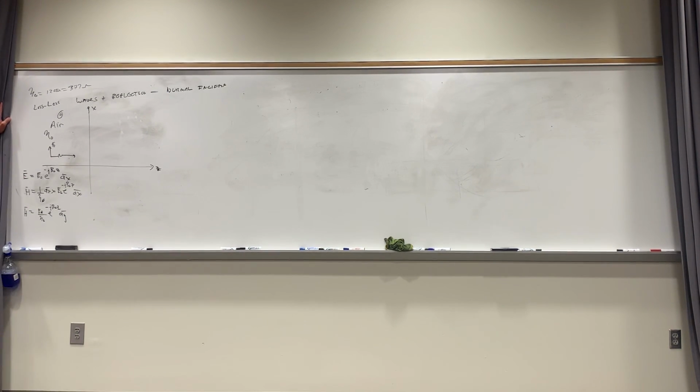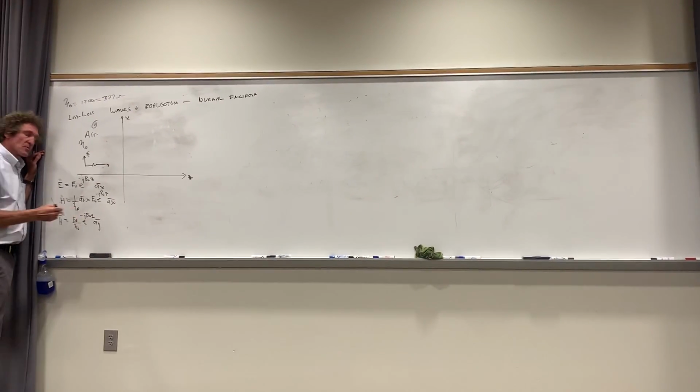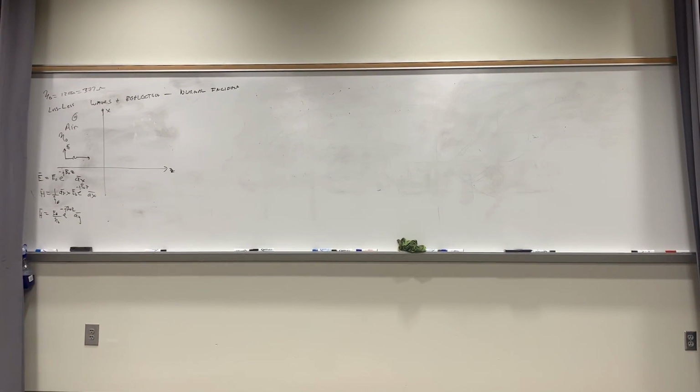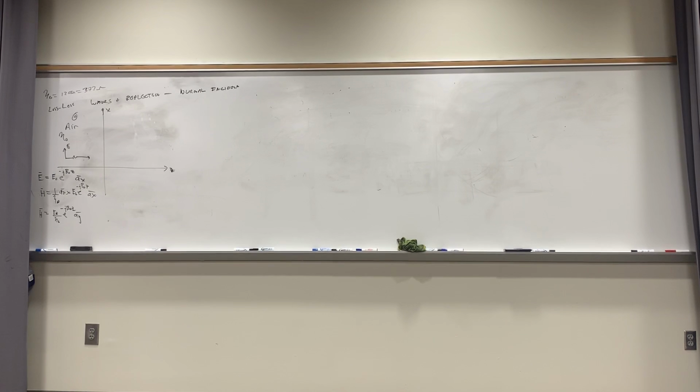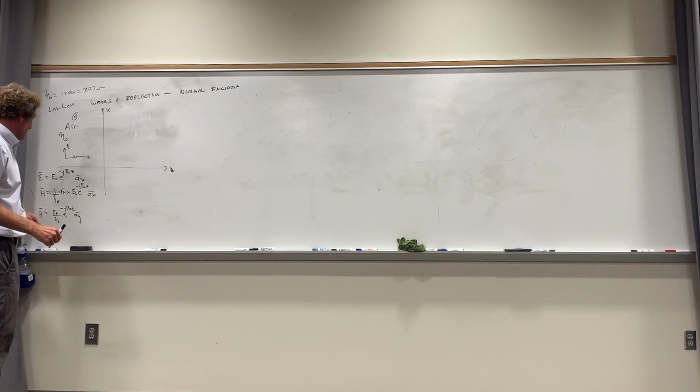When you have a normally incident wave and you want the H field, you just take the E field and divide it by the characteristic impedance. That'll give you the H field's magnitude. And you find the direction knowing that the E field crossed into the H field is going to be in the direction of propagation. So by looking at that, if I have a_x and it's going in a_z, it has to be a_y in terms of its orientation. So that's the H field right here.